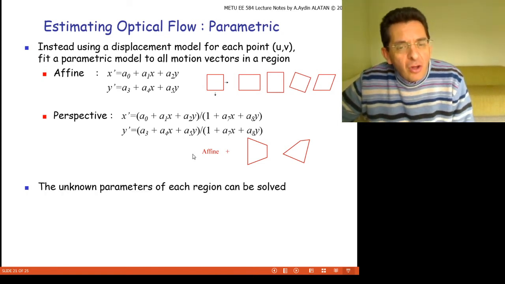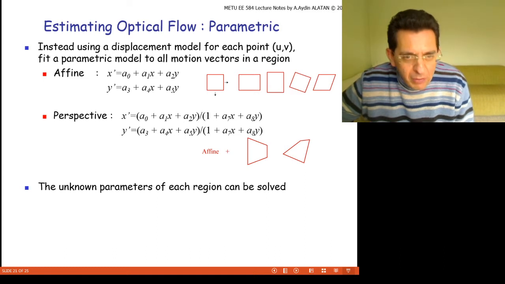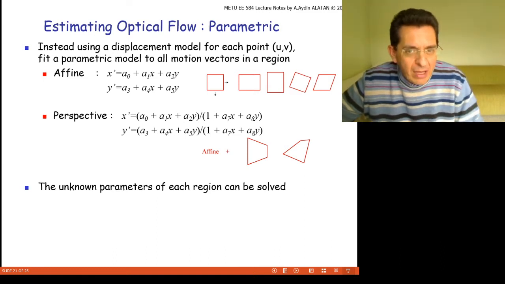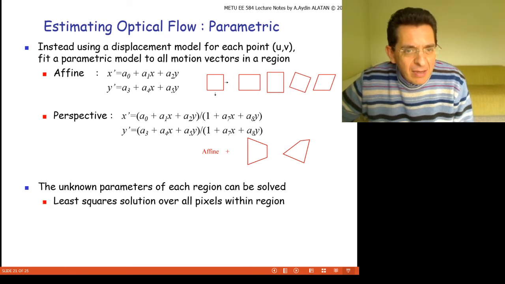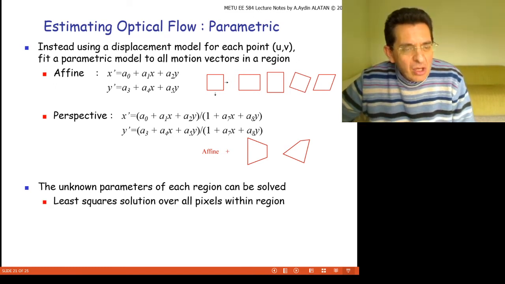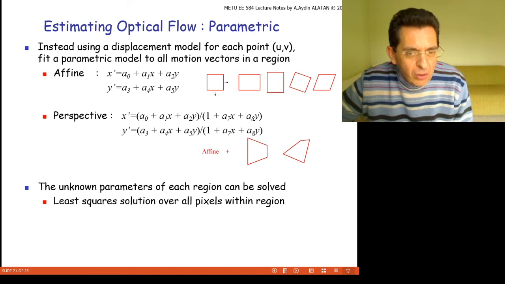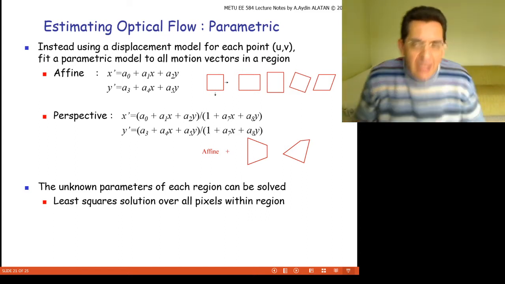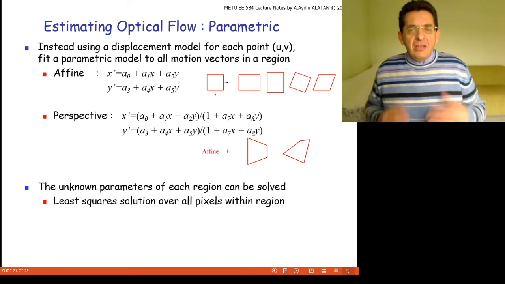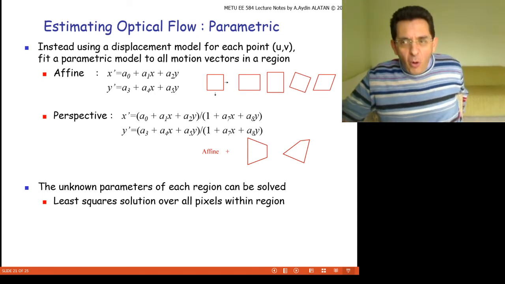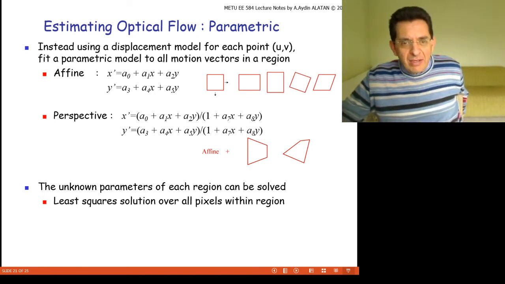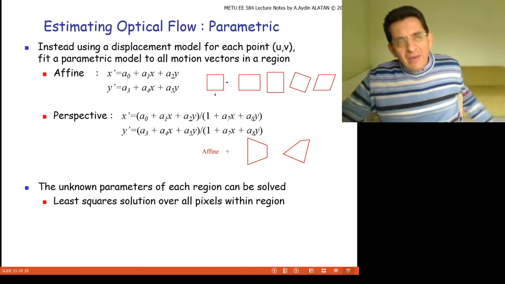Now, for the unknown parameters, we have to solve for A0 to A5 or A0 to A8. The way we solve this is achieved using least squares solutions over all the pixels within a region. In other words, maybe you will first solve for KLT in the corners, then from all the KLT points, you will try to find a least squares solution by giving those x, x prime pairs.